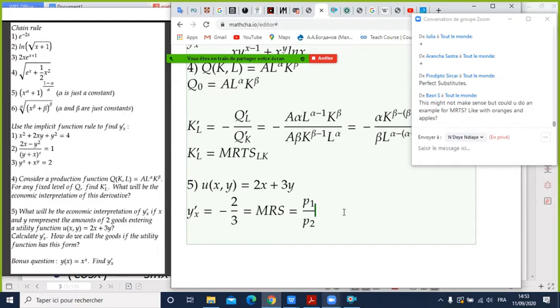That might not make sense, but could you do an example for MRTS, like with oranges and apples? Well, I tried. So you are now running a factory and you're producing 100. What are you producing? 100 pairs of shoes. And what do you use? 100 Ferraris. Yeah, what do you use? You use labor, so people, and capital, machines.